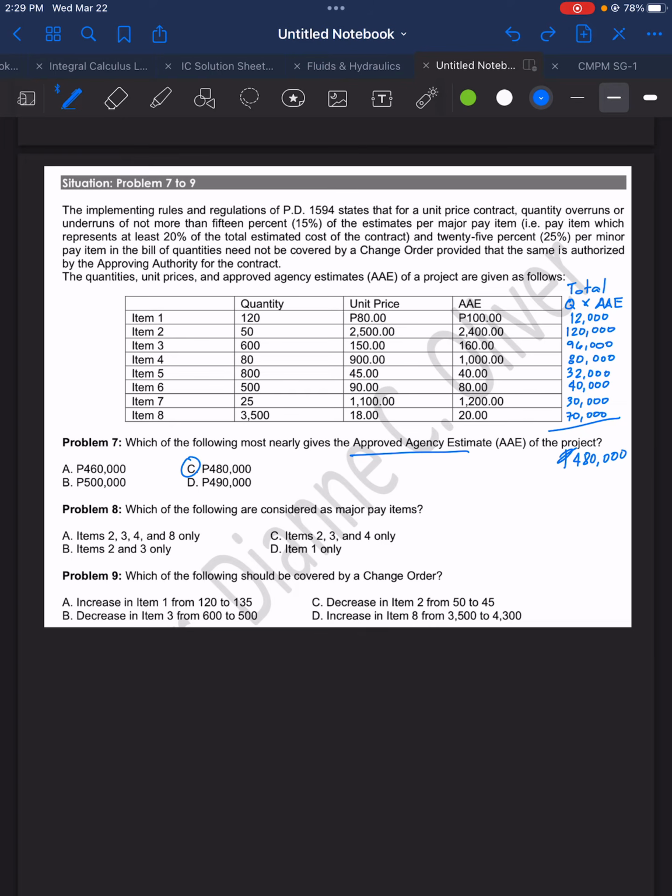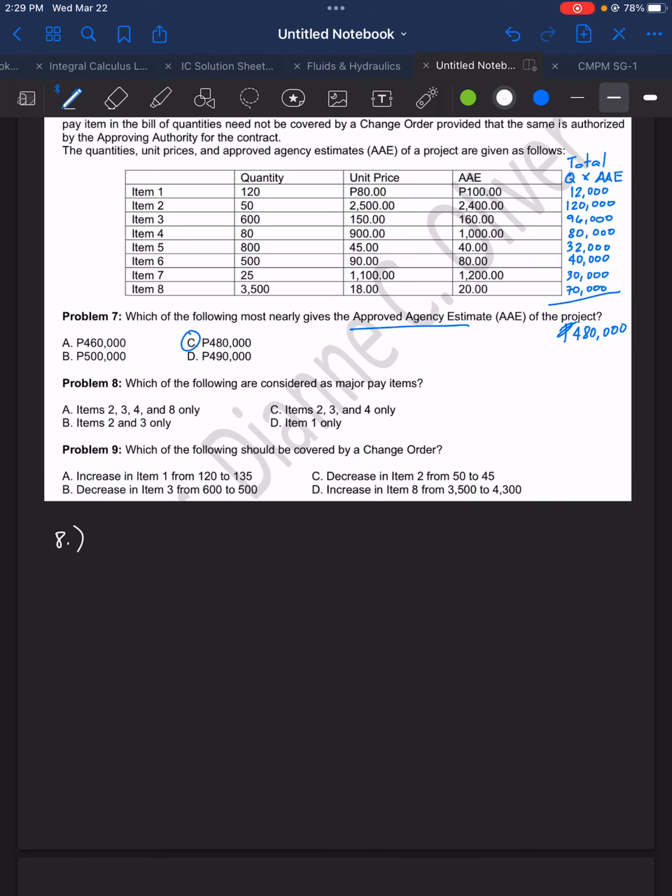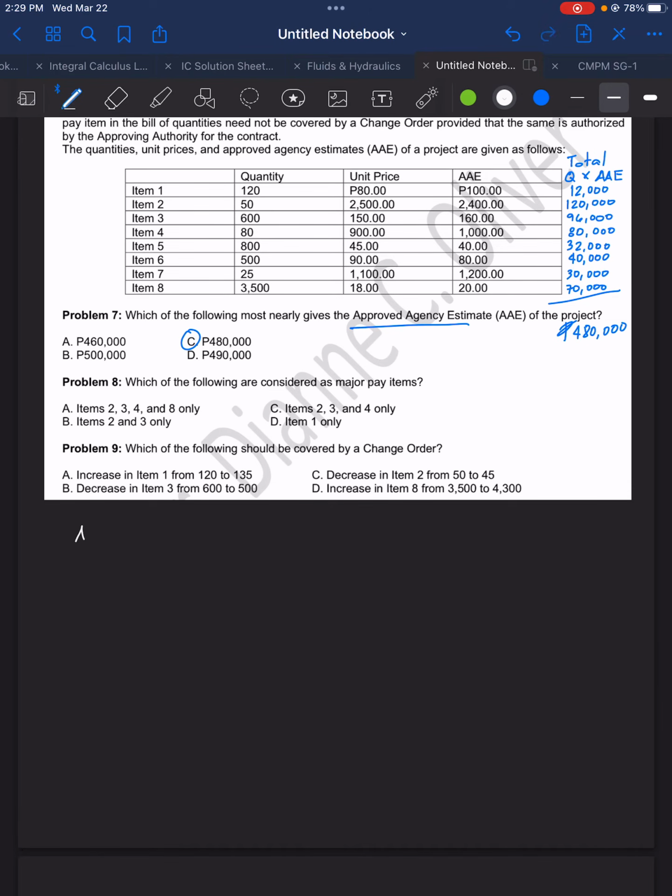Okay? So let's compute that. What's the 20% of the AAE? So we have here number 8. Okay, let's write first what's AAE here. Computed AAE is 480,000 pesos. So for number 8, 20%. Should write here first the formula.